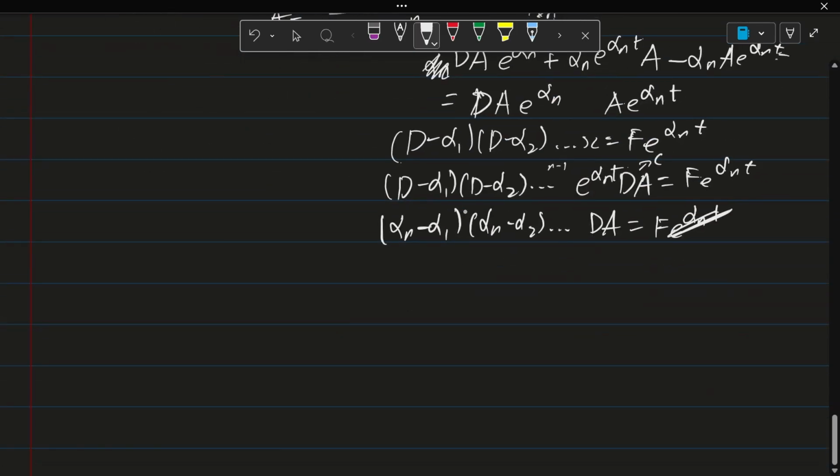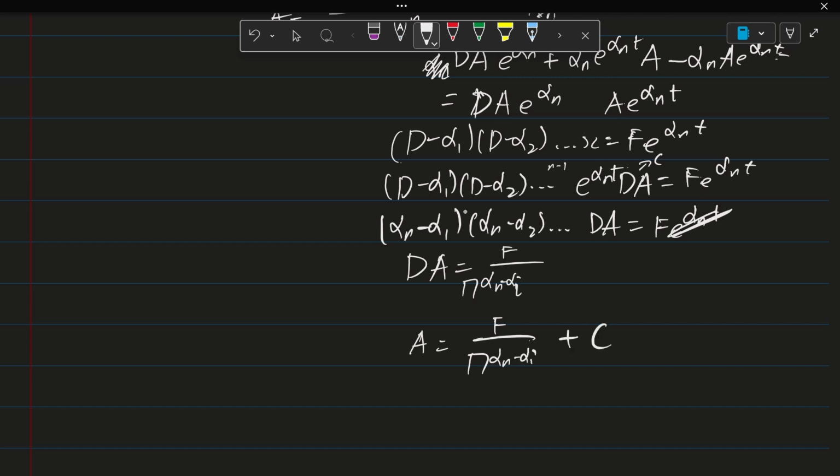So you could now solve what your dA is, which is just a constant: the product of alpha n minus alpha 1 and so on. And so you could get what your a is, which is just f over the product of alpha n minus alpha 1, plus an integrating constant c again. And so you could just assume this to be 0 because this would later be repeated in your general solution.